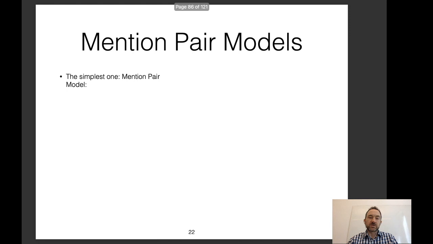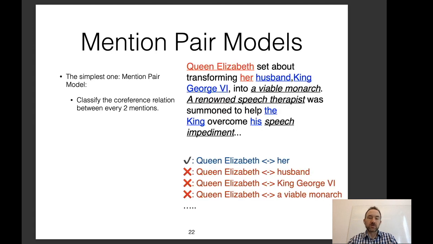If we look at mention pair models, the simplest one, basically what we do is calculate the coreference relation between every two mentions. So we have a pairwise ranking model that tries to decide whether Queen Elizabeth and her are coreferent, Queen Elizabeth and husband are coreferent, et cetera. And this is simple, which is nice, but it has many drawbacks. It may result in conflicts in transitivity.